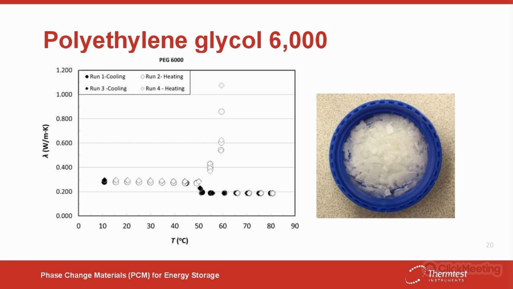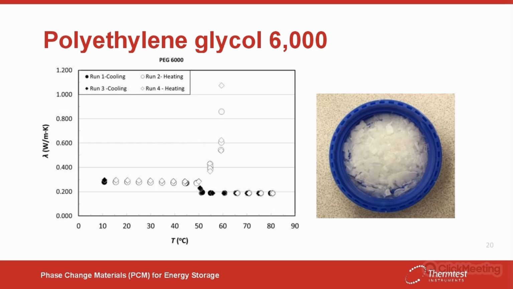The last sample is the polyethylene glycol 6000, one more sample that is used in the literature, and it's not impressive if we see the results, because it has a very sharp melting point, and that's very obvious.